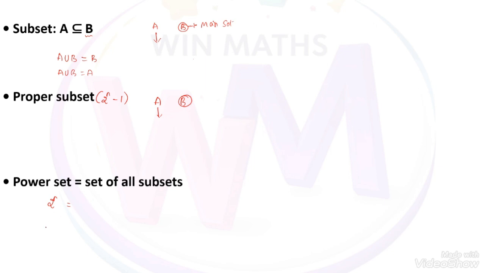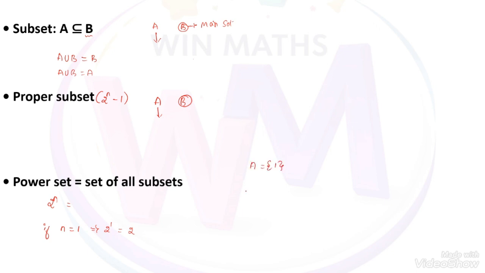Usually n represents the number of elements. If a set contains only one element, how many subsets are there? 2 to the power 1, that is 2. For example, A is a set containing the element 1.